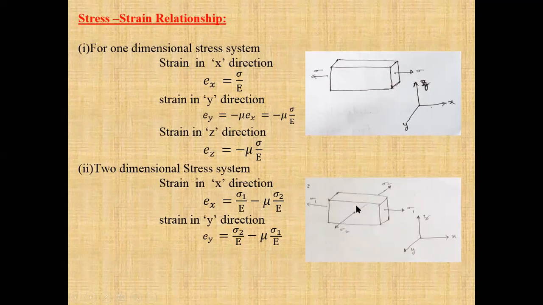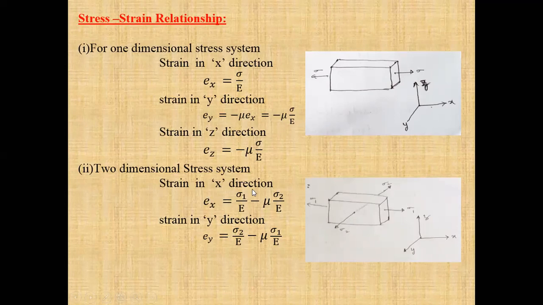For this stress, this will be lateral direction, perpendicular to this. Perpendicular to breadth is length also. So due to sigma 2, a negative strain will happen, that is mu into sigma 2 by E. In its own direction, what happens? In y direction, the strain is sigma 2 by E, that will happen.